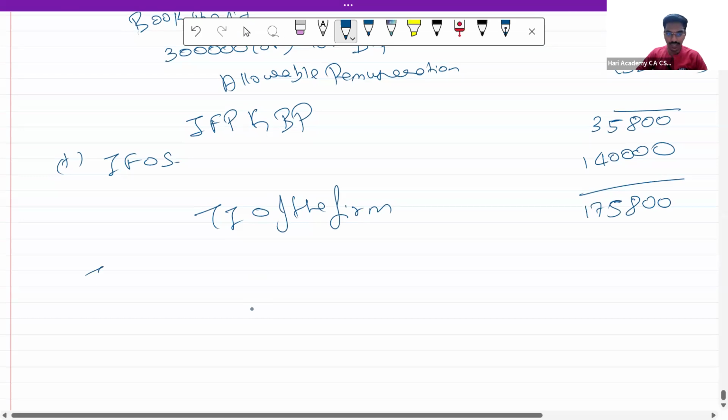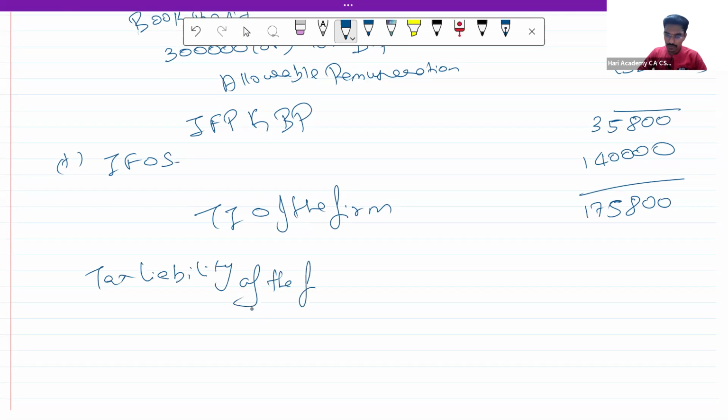Next, we have to find out the tax liability of the firm. As far as tax liability of the firm is concerned, it is taxable at 30%. So the tax liability is 52,740 before cess.